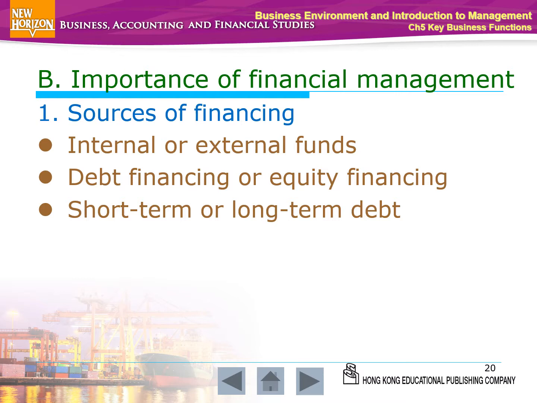Of course, the company may borrow money from the banks or financial institutions, or the company may issue bonds, or debentures, same thing. A debenture is a certificate which is issued to the banks or other financial institutions to prove that the company has borrowed money from them. This is what we call debt financing.